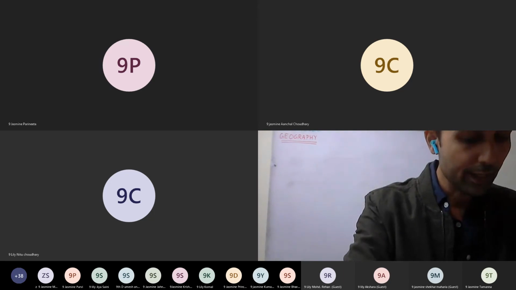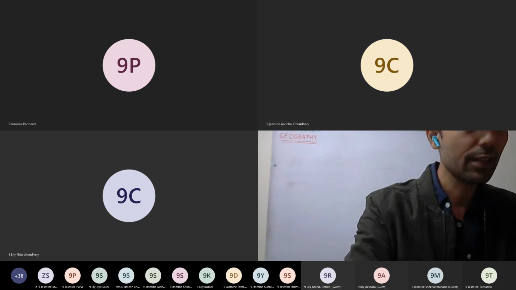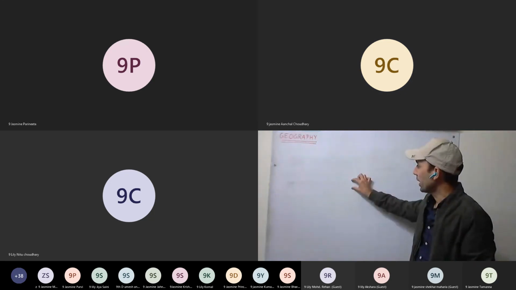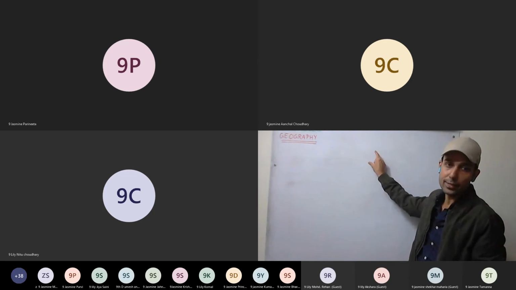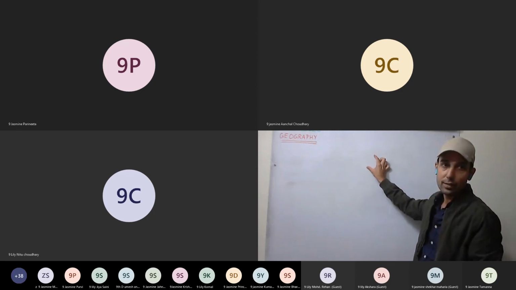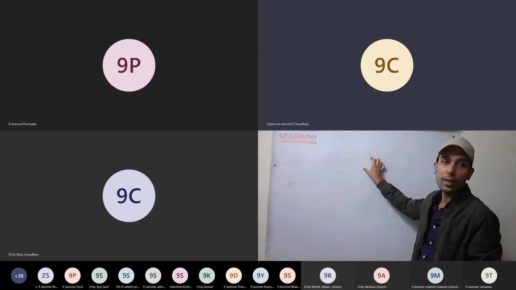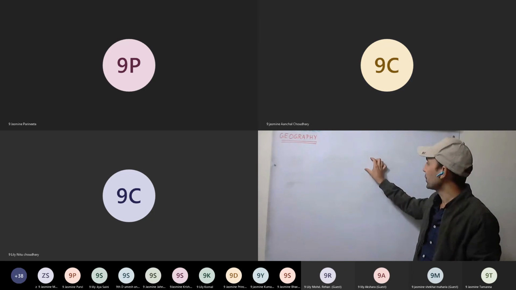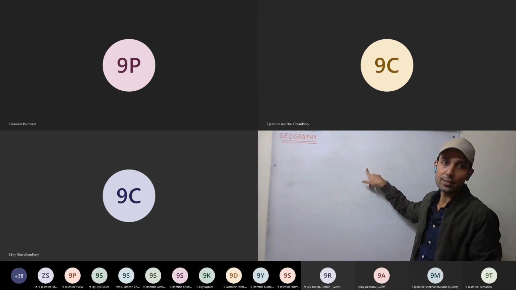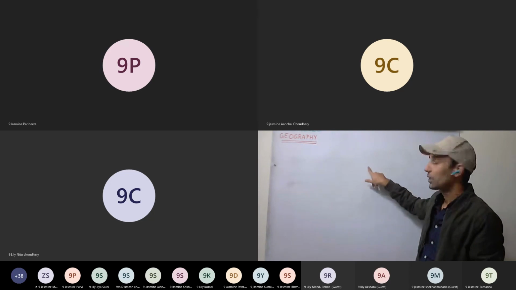So see here, you can write the area covered by the vertical rays on the Earth's surface is always less than that covered by the slanting rays. Thus, with slanting rays we have more area, so heat gets distributed over a large area. Therefore, net energy available per unit area will be less. Okay, this is one reason.